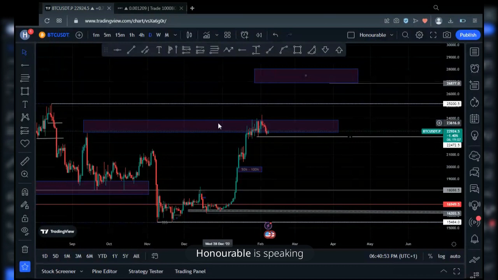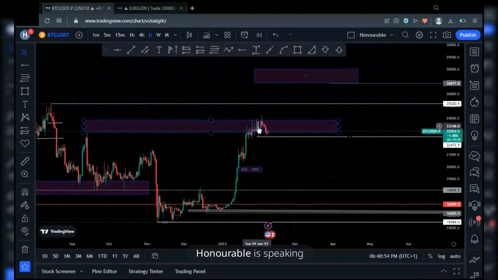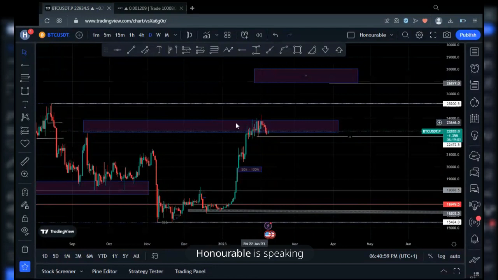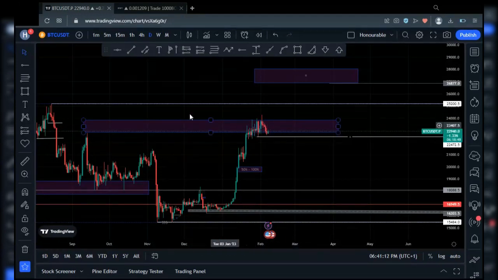But in a level like this, I would preferably want to make use of a horizontal level instead of using a zone. But here you have it. You see the rejections and all of this. You can now say, okay, price has been in a resistance zone right here.